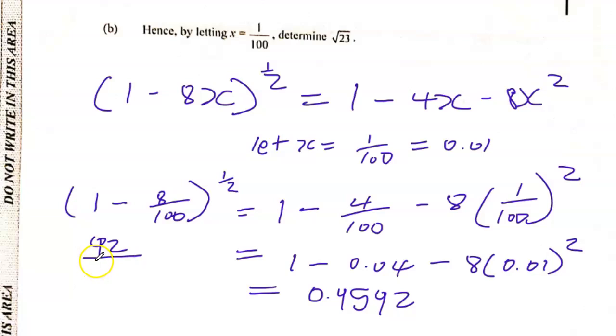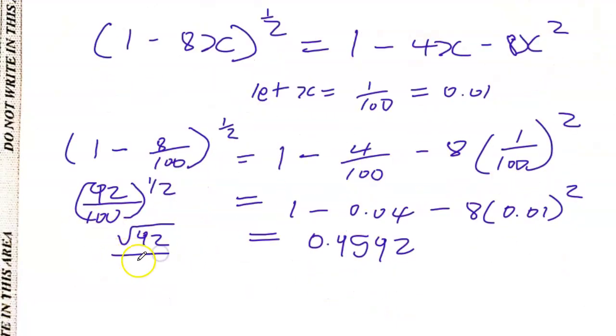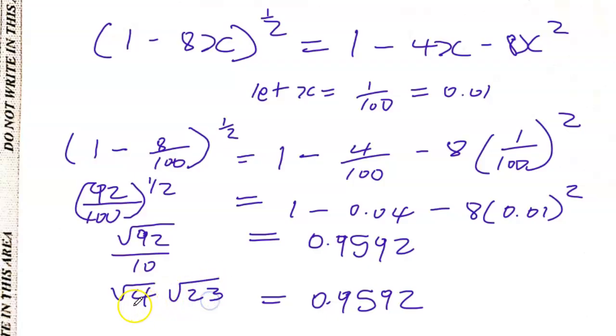over 100 to the power half. And what we could do is take the square root of both numerator and denominator. So that's root 92 over root 100, which is 10. And of course we can rewrite root 92 as root 4 times root 23 over 10.